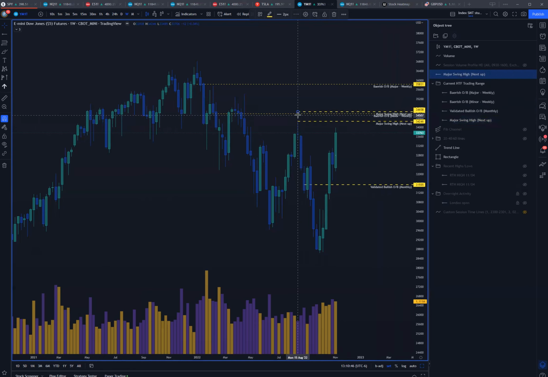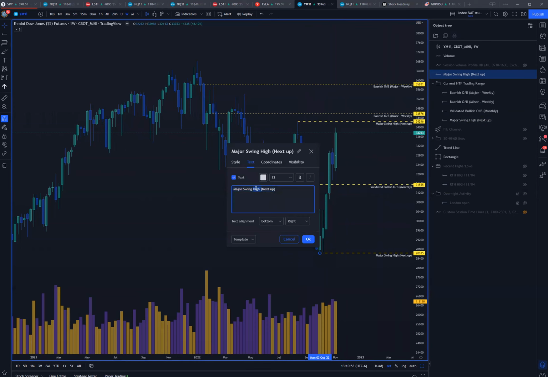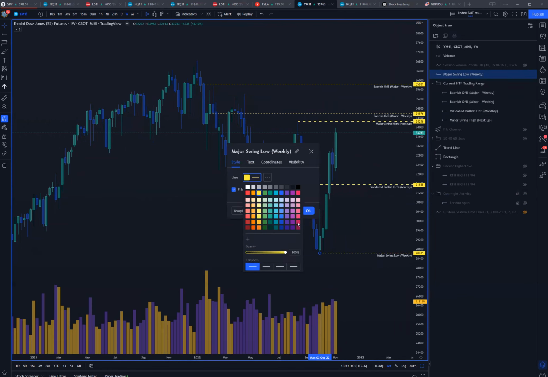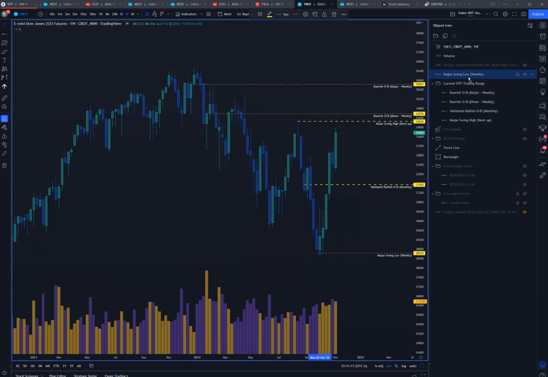All right, let's just fill out some of the blanks here. Major swing low. Validated bullish order block. It's on the monthly.